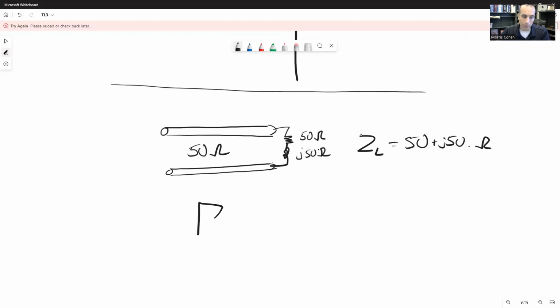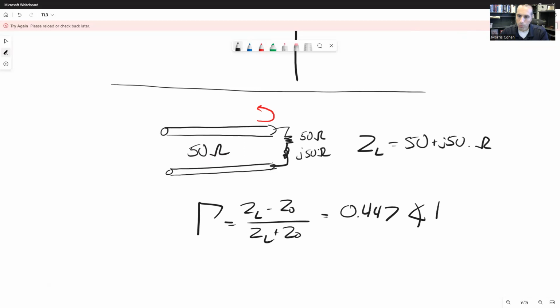We can again calculate what the reflection coefficient is. It's ZL minus Z0 over ZL plus Z0. I'm talking specifically about the reflection coefficient at the load. And this works out to be, if you plug in the numbers, 0.447 at an angle of 1.11 radians. Or you can put it as a real and imaginary number. It works out to be 0.2 plus j 0.4. That is the reflection coefficient.